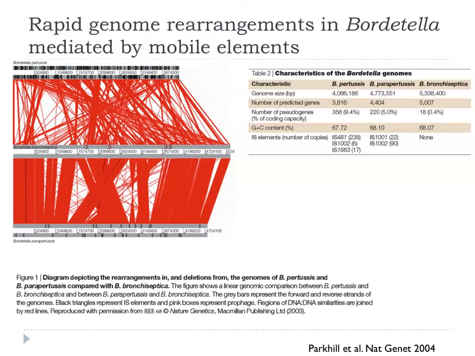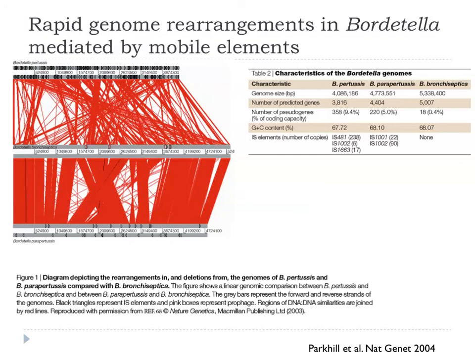So here you have a three-way comparison between Bordetella pertussis, a dedicated human pathogen, and two other related organisms that have a much wider host range, Parapertussis and Bronchoseptica. And you can see if you compare Bronchoseptica and pertussis, this here is the whole genome laid out in a line. These red bars are showing parts of the genome that are collinear, that are the same in the same place as you look along the genome.